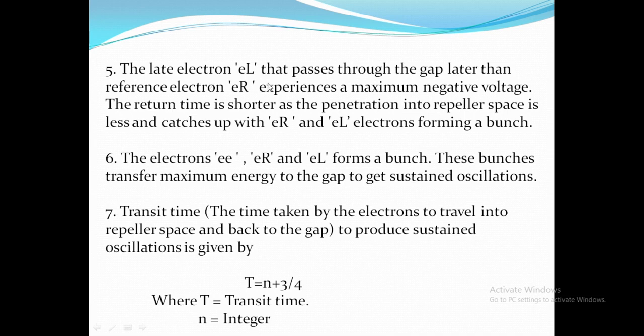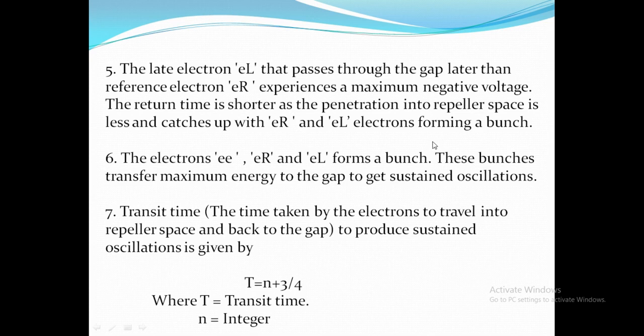Next, we consider the late electron, EL. The late electron EL passes through the gap later than the reference electron ER and experiences a maximum negative voltage. Its return time is shorter as the penetration into the repeller space is less, and it catches up with ER, forming a bunch.